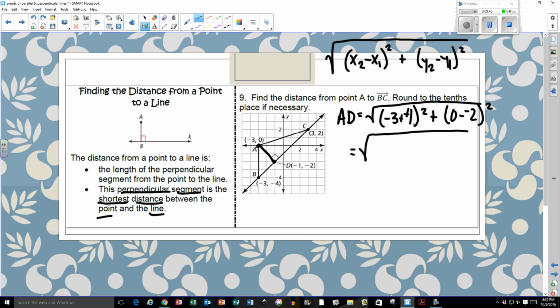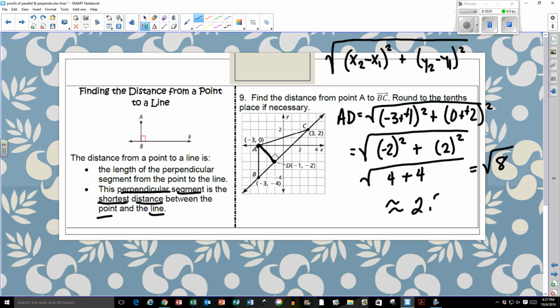So -3 plus 1 is -2. These two become positive, and that's 2. So now I've got -2 squared, which is 4, and 2 squared is 4. So that's the square root of 8, which is about 2.8. So depending on which one you need to use, that's all you do.